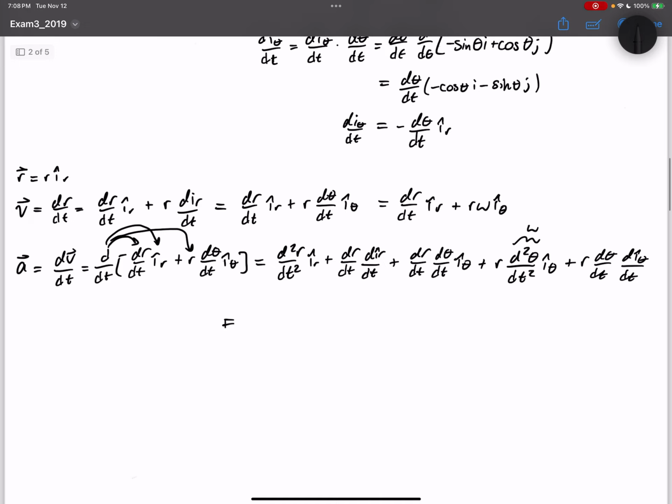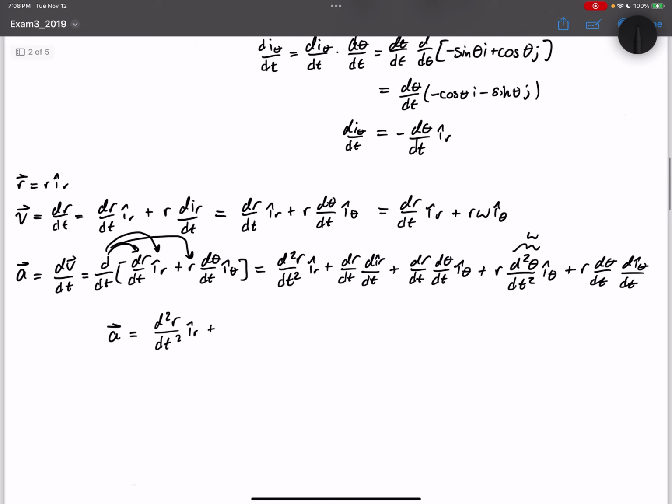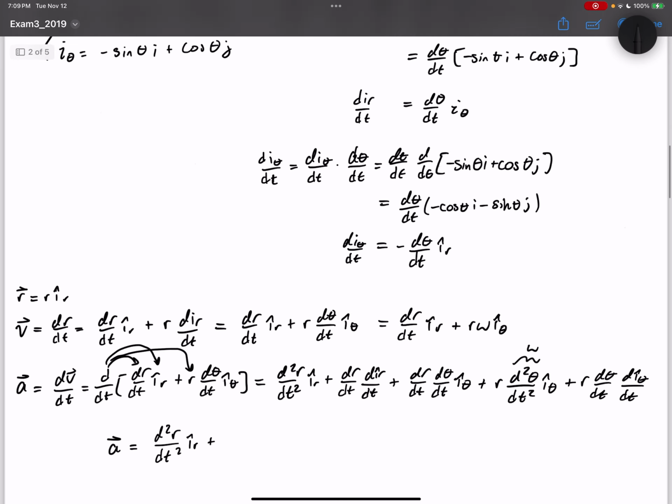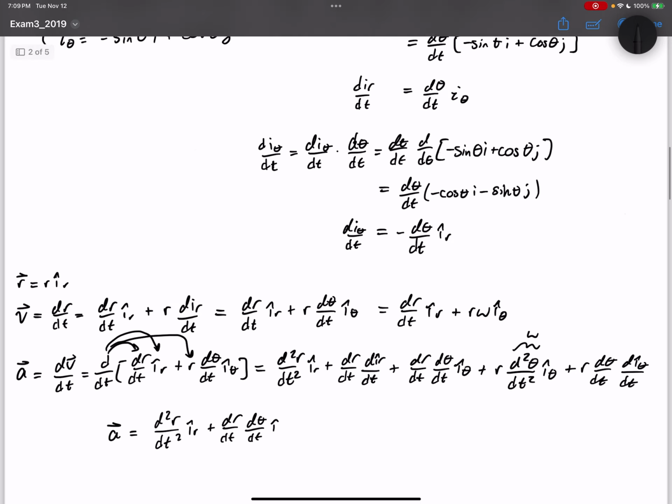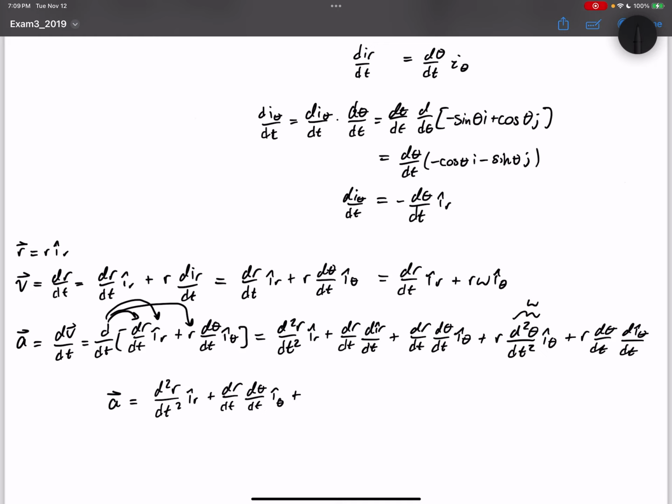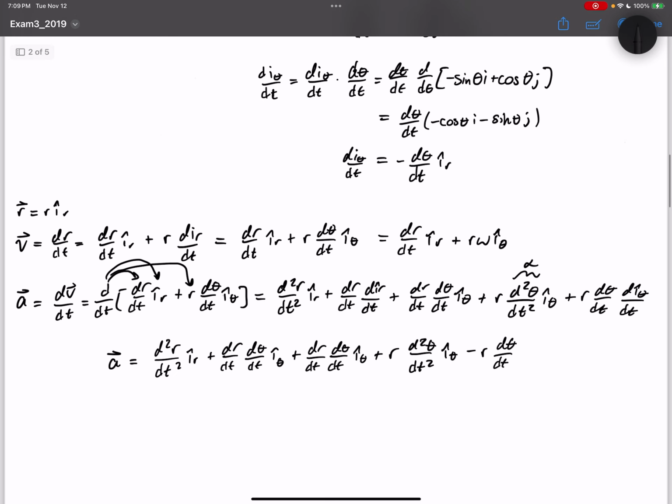And then we end up having that acceleration equals d squared r/dt squared i_r plus dr/dt d theta/dt i_theta, plus dr/dt d theta/dt i_theta, and then plus r, actually this is alpha, r d squared theta/dt squared i_theta, minus r d theta/dt times di_theta/dt, which is that.